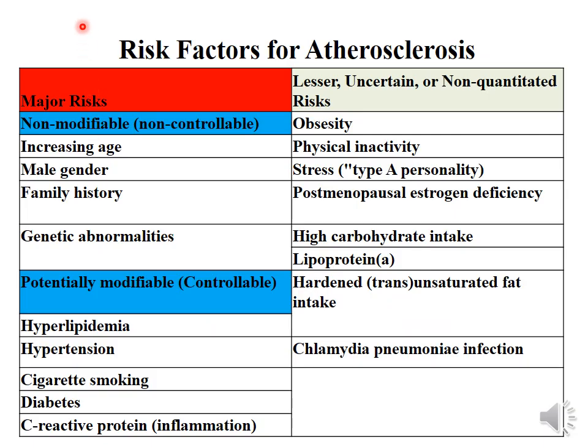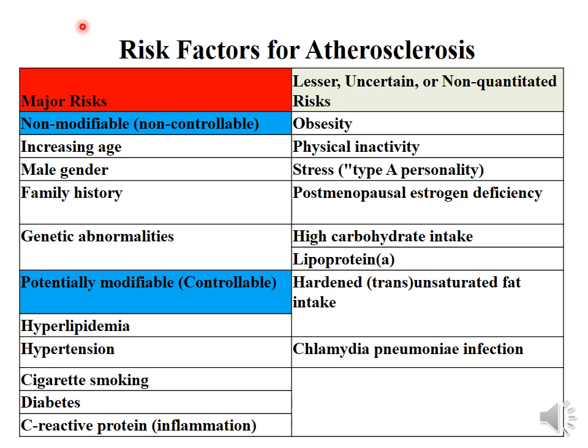There has been extensive research work regarding atherosclerosis, and this research has led to the discovery of certain risk factors that are related to the development as well as the progression of atherosclerosis. The evidence in these papers has led to the classification of risk factors into major risk factors and less certain or less important risk factors.